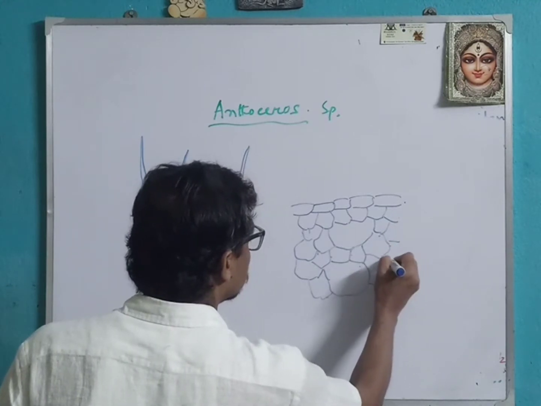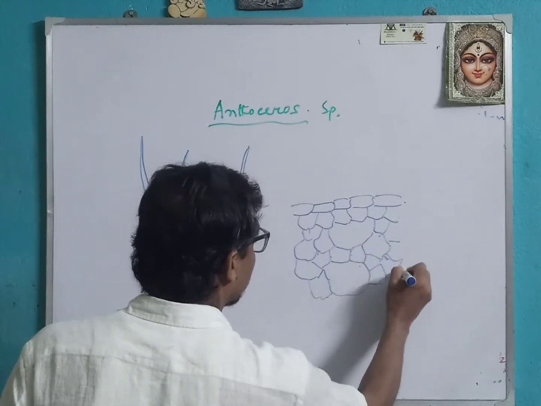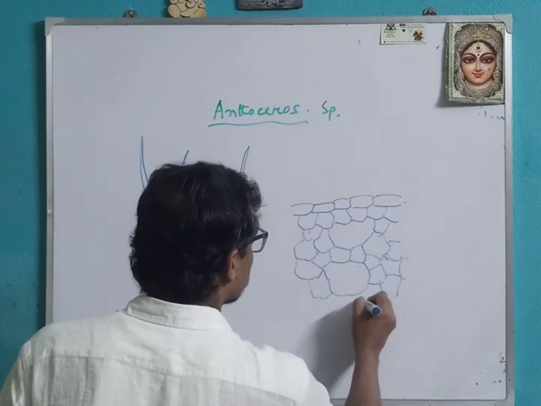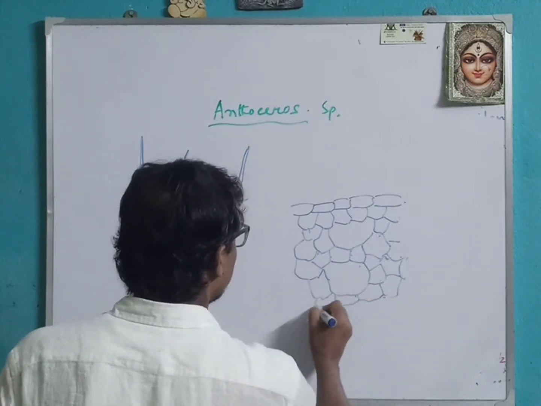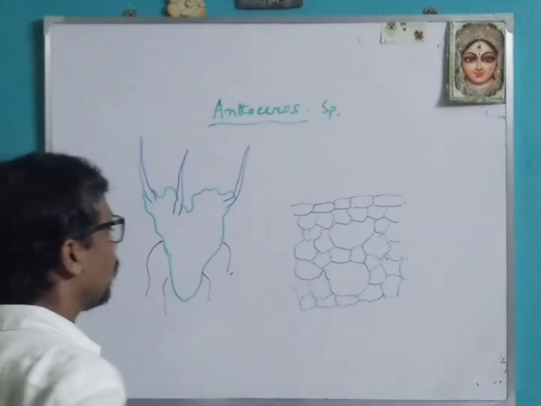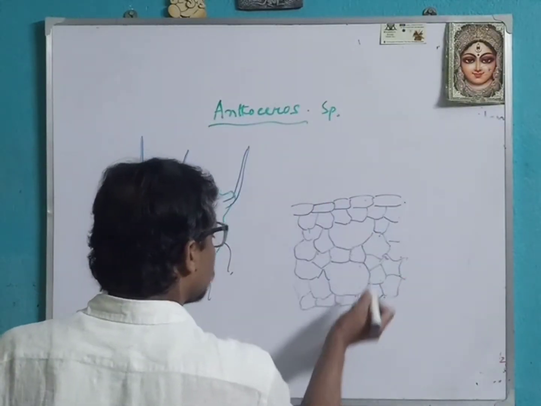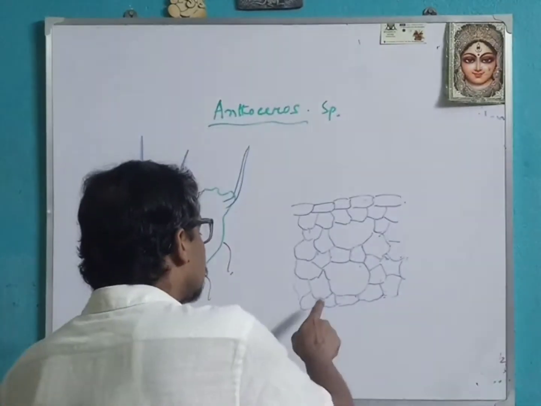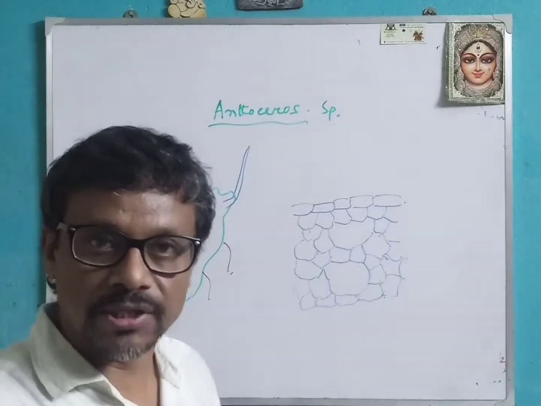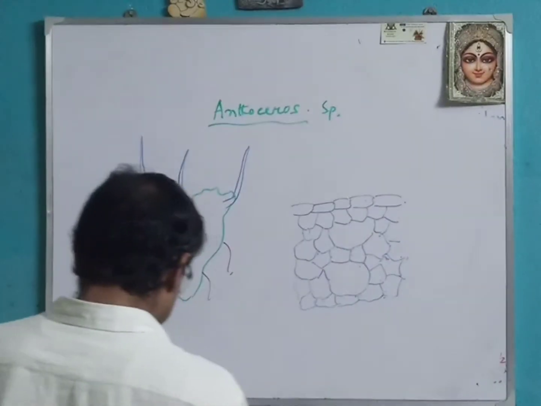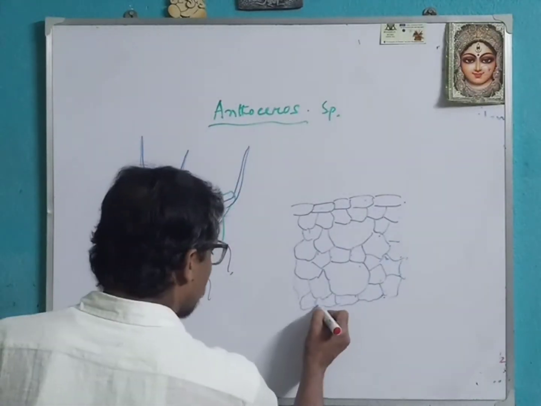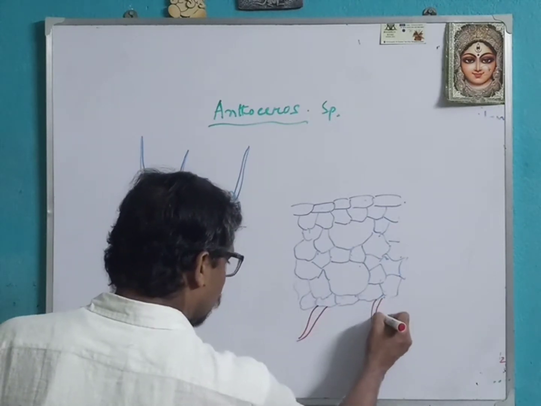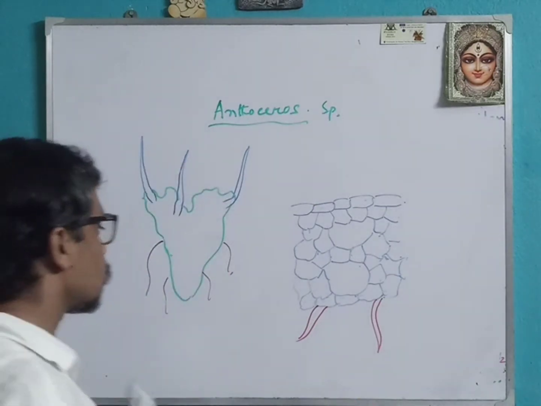The tissue is generally parenchymatous and arranged this way, but does not show any organized epidermis. You can consider one layer as upper epidermis and the other as lower epidermis, but these cells are not typical epidermal cells. From the ventral side, only smooth walled rhizoids arise this way. So no tuberculate rhizoid, no scale, nothing else.